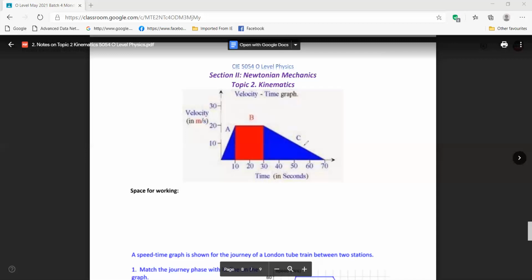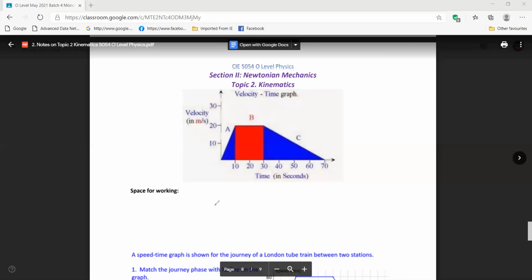Say deceleration. Excellent. So now you find the distance traveled after 10 seconds. Can you calculate it?